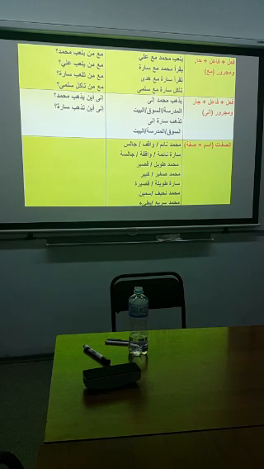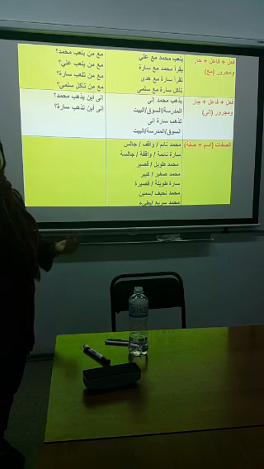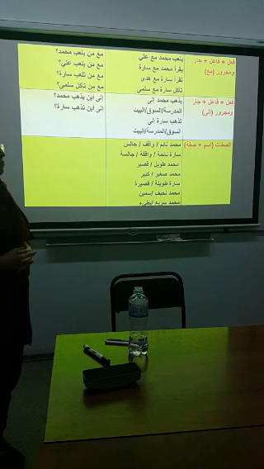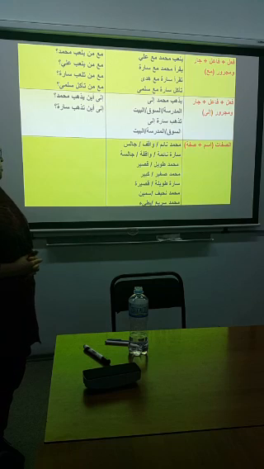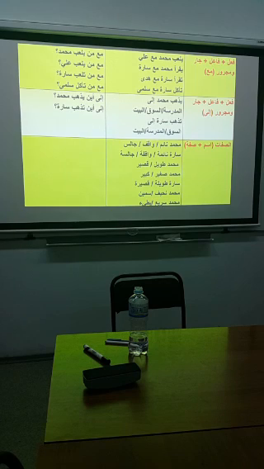Okay, now noun and adjective. For example, محمد نائم. محمد واقف. أنا واقف. محمد جالس. سارة نائمة. سارة واقفة. سارة جالسة. محمد طويل. محمد قصير. محمد صغير. كبير. سارة طويلة. سارة قصيرة. محمد نحيف أو سمين. محمد سريع. علي بطيء.